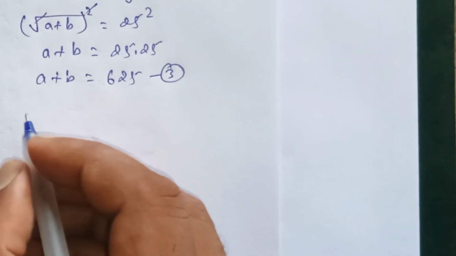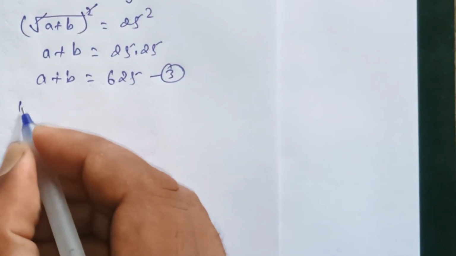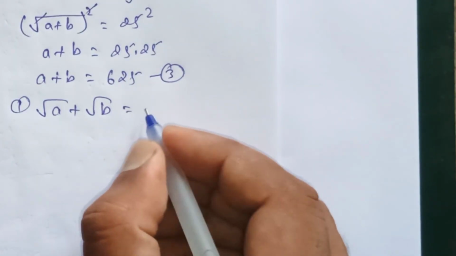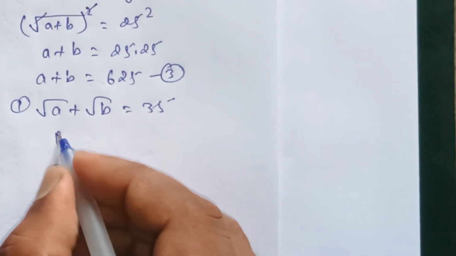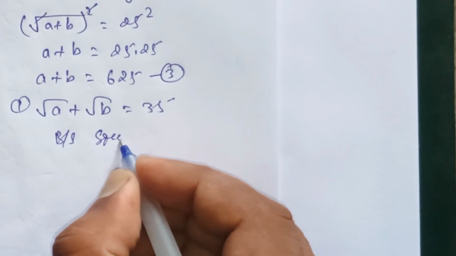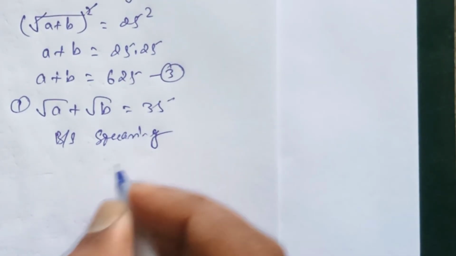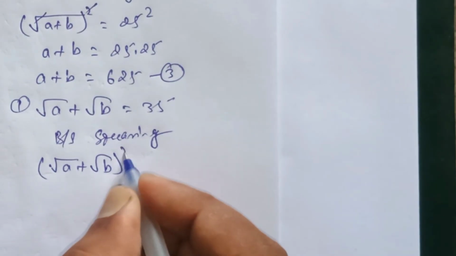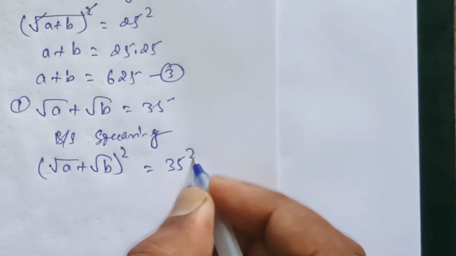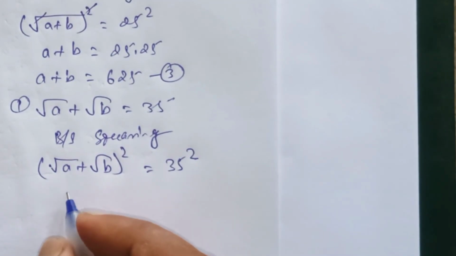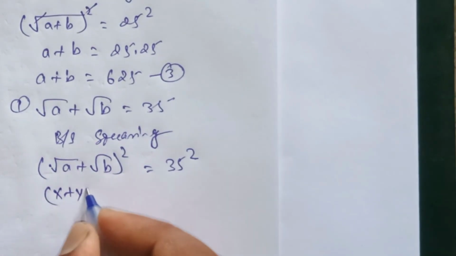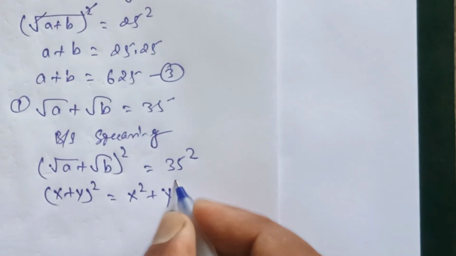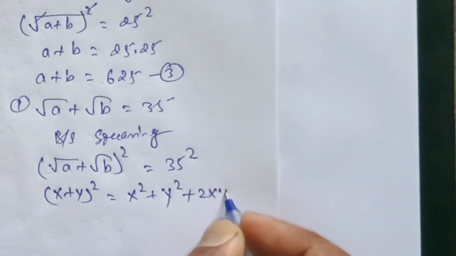Equation number 1 says root under a plus root under b is equal to 35. Squaring both sides: bracket open, root under a plus root under b, whole square is equal to 35 square. This is in the form of x plus y whole square, that is x square plus y square plus 2xy.